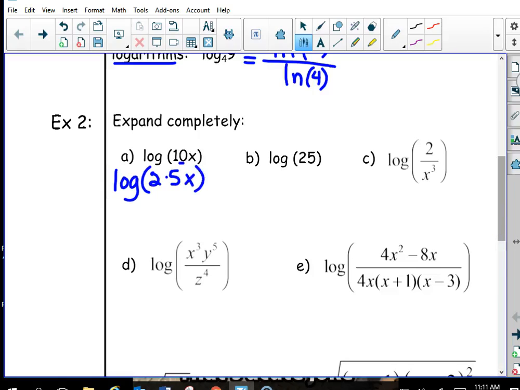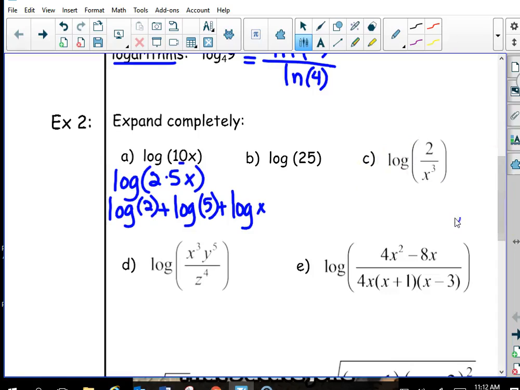The reason I'm spelling it out this way is because you are expected to write this as log of 2 plus log of 5 plus log of x. So you can't just write the 10. You have to factor out everything. Now, fortunately, the numbers they give you don't have a whole lot of factors.